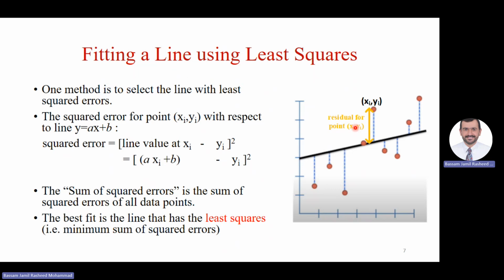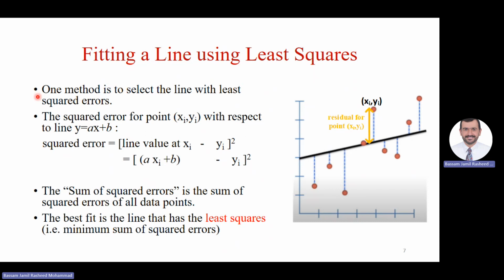Some people use that term. So this distance here is the error or the residual between the point that this line would predict for the xi data. For this xi, this line says that I should be here. But in fact, my original training data says, no, the value should be here. This is an error. An error in what? In the line that I'm trying to use to estimate the data.